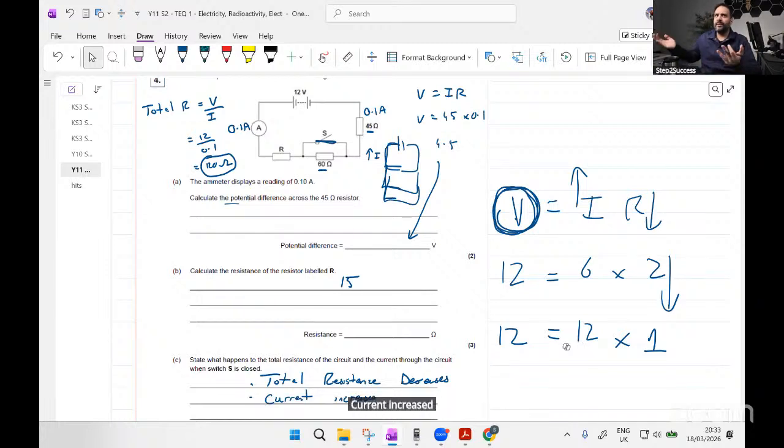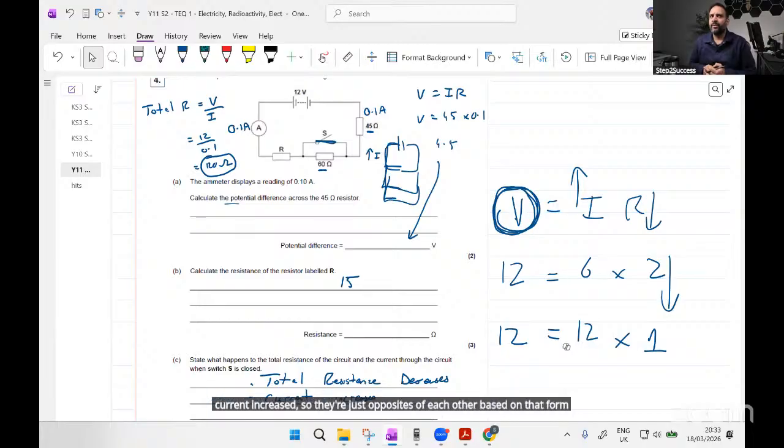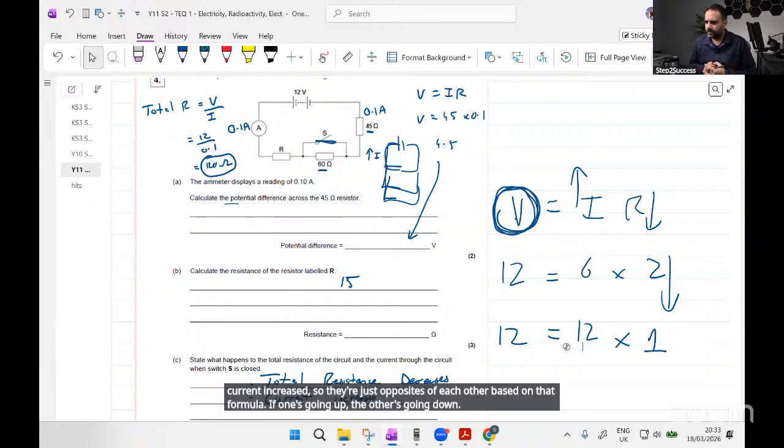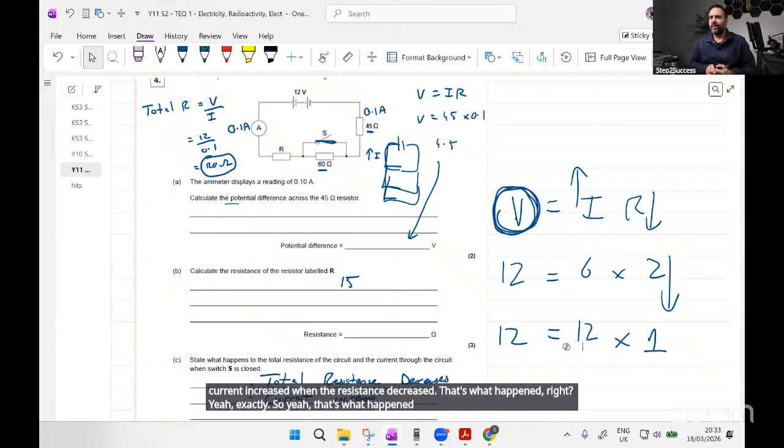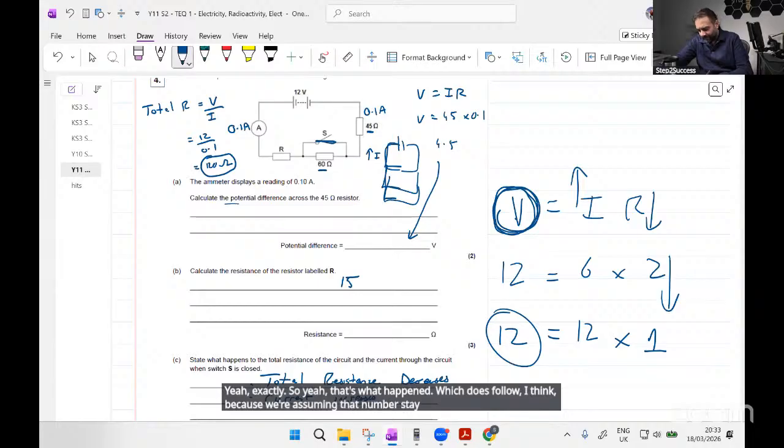So they're just opposites of each other based on that formula. If one's going up, the other's going down. Current increased when the resistance decreased. That's what happened, right? Yeah, exactly. Which does follow, I think, because we're assuming that number stays the same. If this goes up, then this goes down to keep that 12 same from the battery.